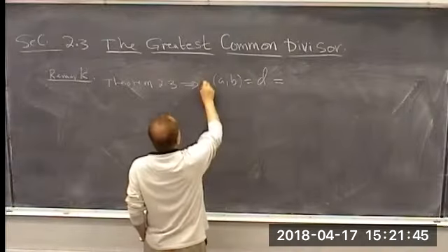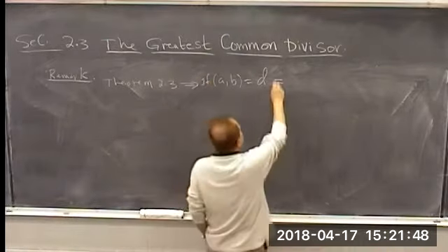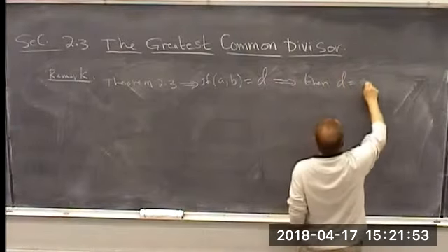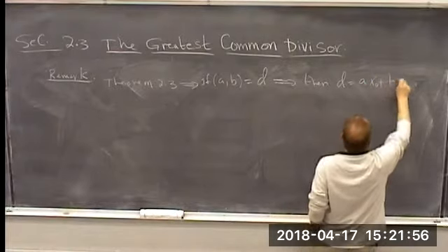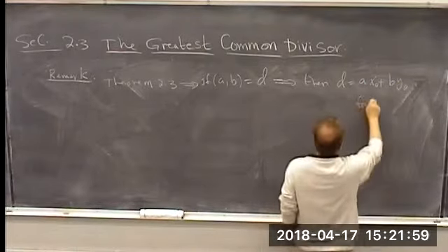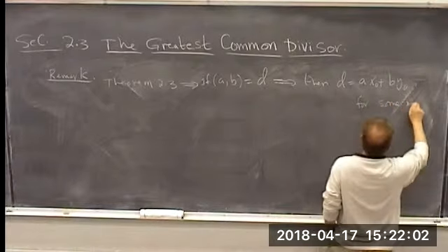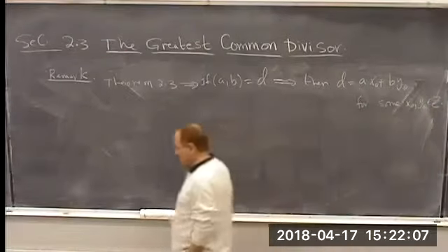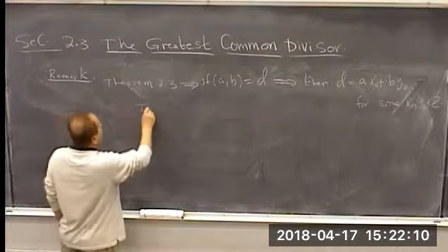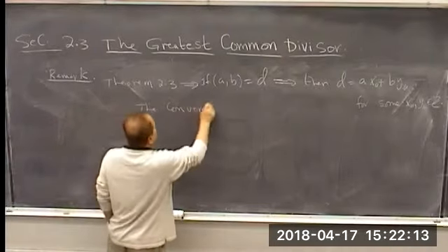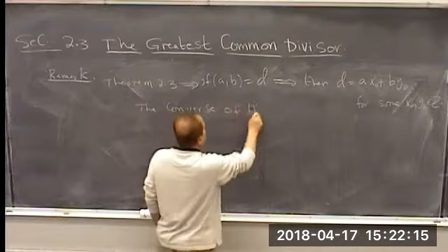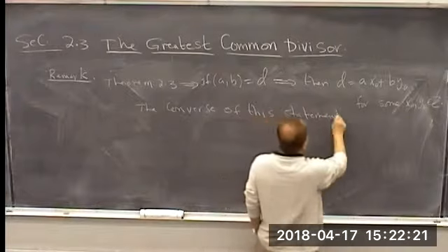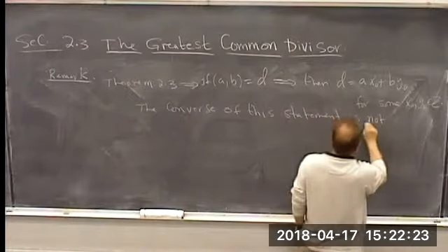In other words, D is equal to AX sub 0 plus BY sub 0 for some X sub 0, Y sub 0 in Z. The converse of this statement is not true.